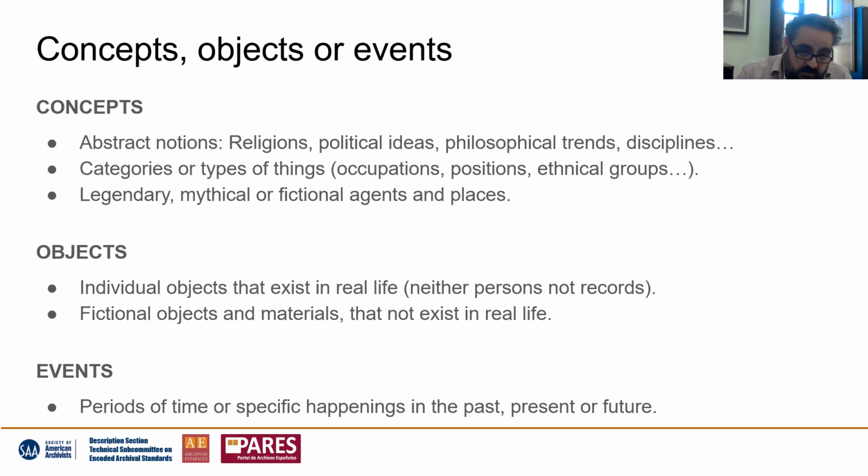The objects part of this entity includes every individual object that exists in real life, except records and persons, because they are other entities in NEDA standards. It also includes legendary or fictional objects or materials. And in the case of event, this entity contemplates any period of time understood as a simple date or as a date range in the past, in the present, or in the future.